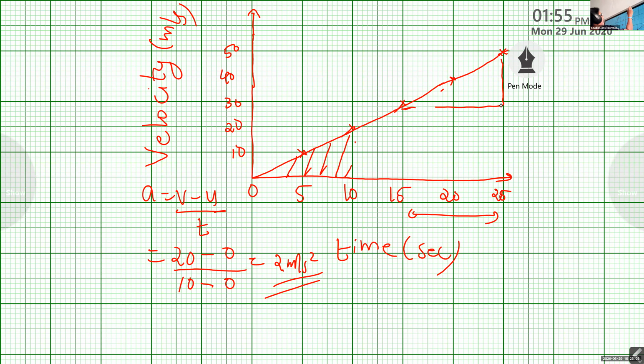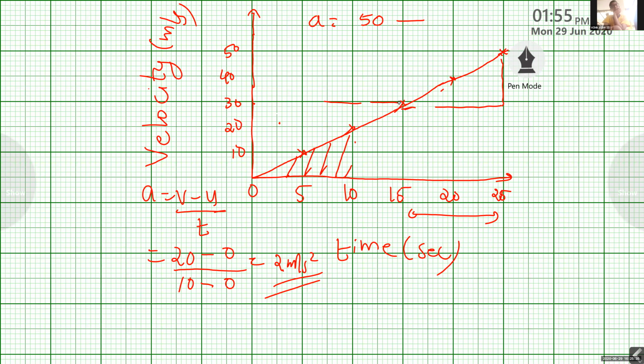Now again, acceleration is equal to V minus U by T. What is the final velocity here? Final velocity will be corresponding to 25 seconds. Corresponding to 25 seconds, what is the velocity? Look at the graph. 50. Corresponding to 15, what is the velocity here?